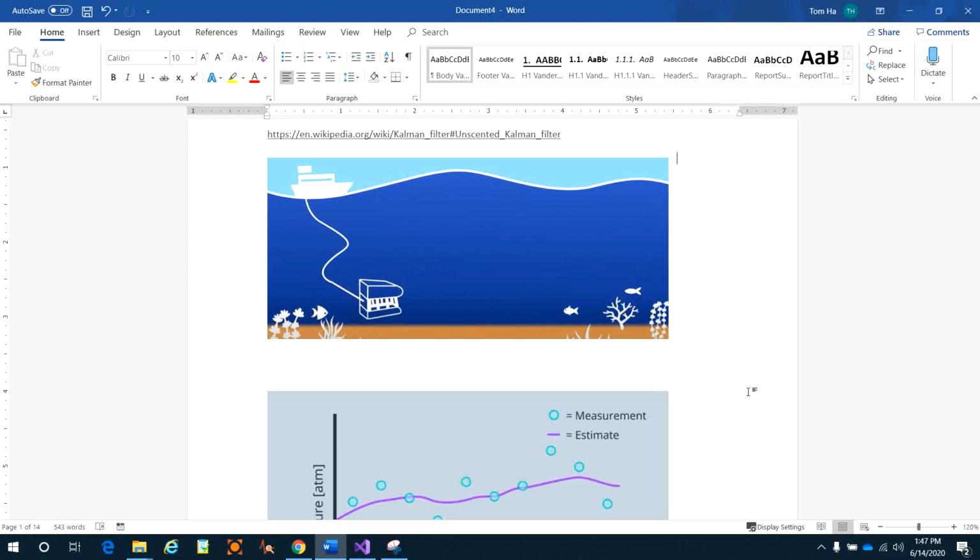It's another filter that helps you get a correct estimation of the variable. The Kalman Filter helps you get a correct estimation of the data, okay?